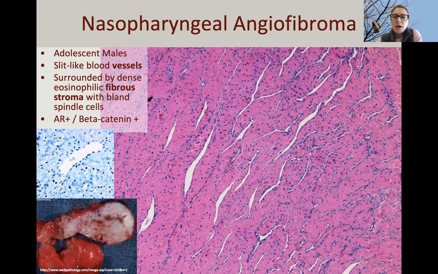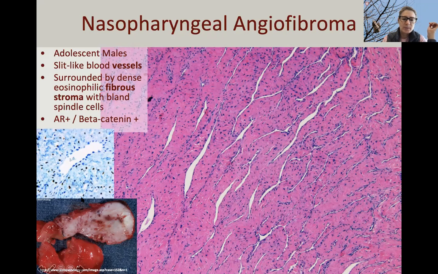Okay. What we see sometimes in kids, specifically adolescent males, regarding sinonasal tumors is nasopharyngeal angiofibroma. As its name suggests, angio related to blood vessels, fibroma, fibroblasts. So what you can see here are these slit-like blood vessels surrounded by this very eosinophilic fibroblastic stroma with lots and lots of pink wavy collagen.